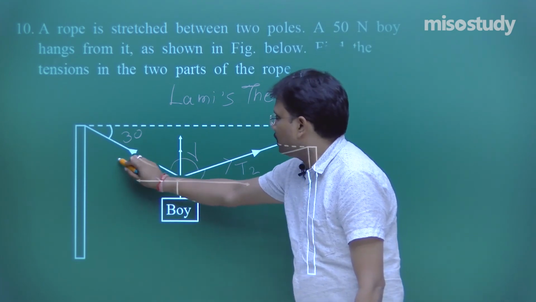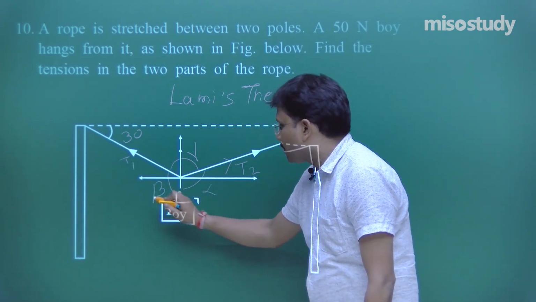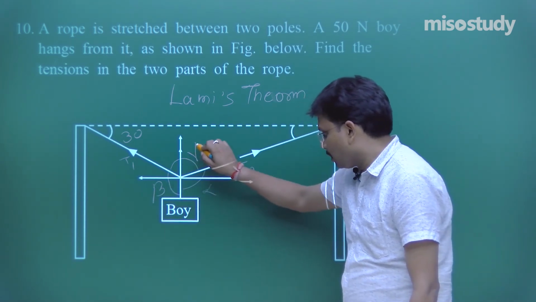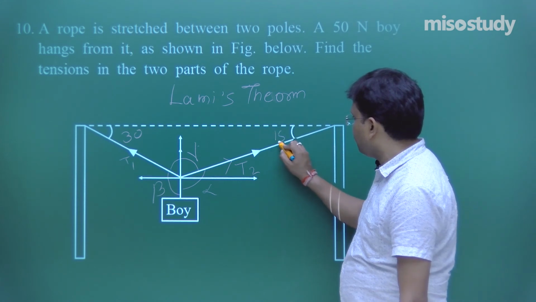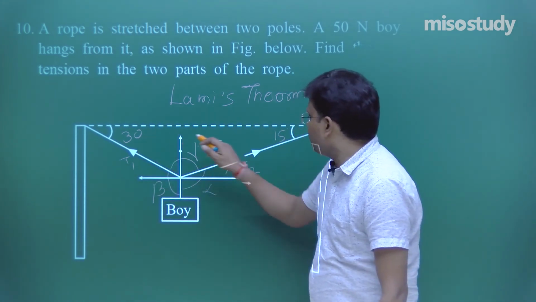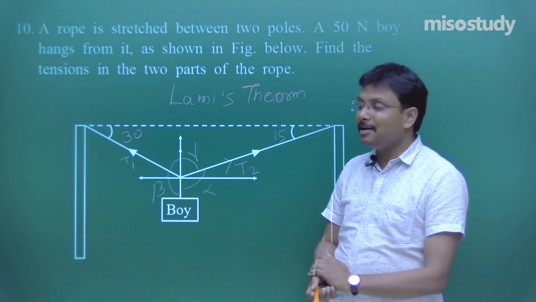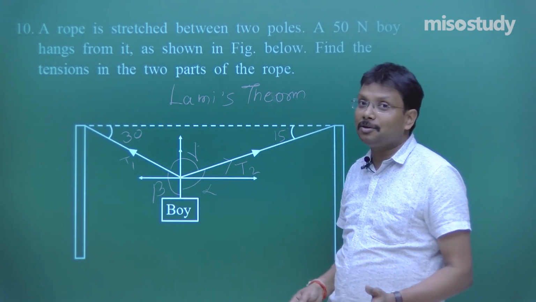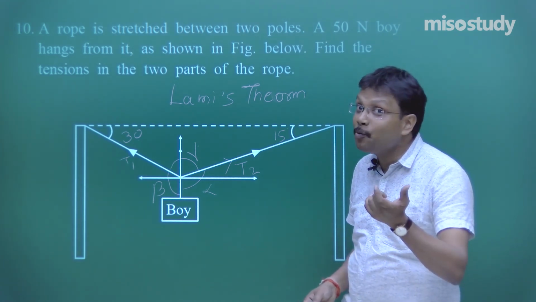This is one tension, let's say it is T1, and then this angle, let's say it is beta. So alpha, beta, gamma, there are three angles. Now this angle is 15, it is given. So 30 plus 15 is how much? 45, and for a triangle the total angle is 180. So the remaining angle is how much? 135. Okay, 135 plus 45 gives you 180.